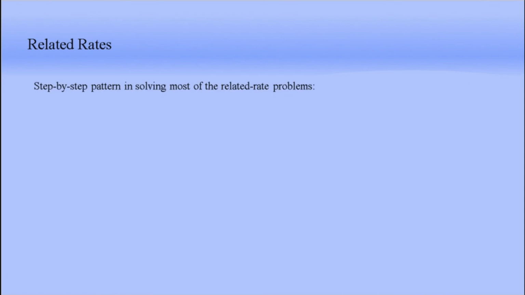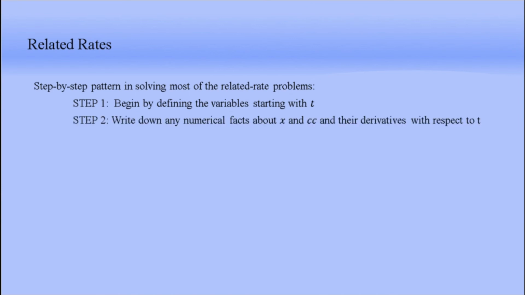So what is the step-by-step pattern in solving most related rate problems? Step 1, begin by defining the variables, starting with t. Step 2, write down any numerical facts about x and y and their derivatives with respect to t.